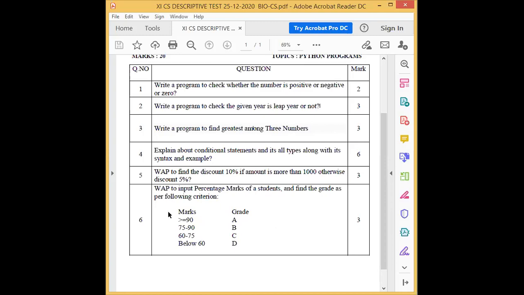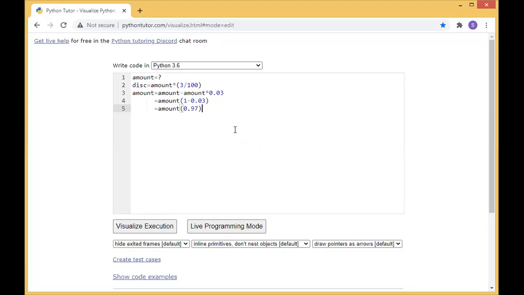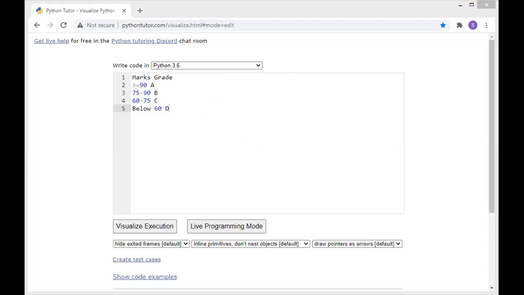So you just remember this. Copy paste. Okay, so this is the program. So now tell me, what is the coding, students?